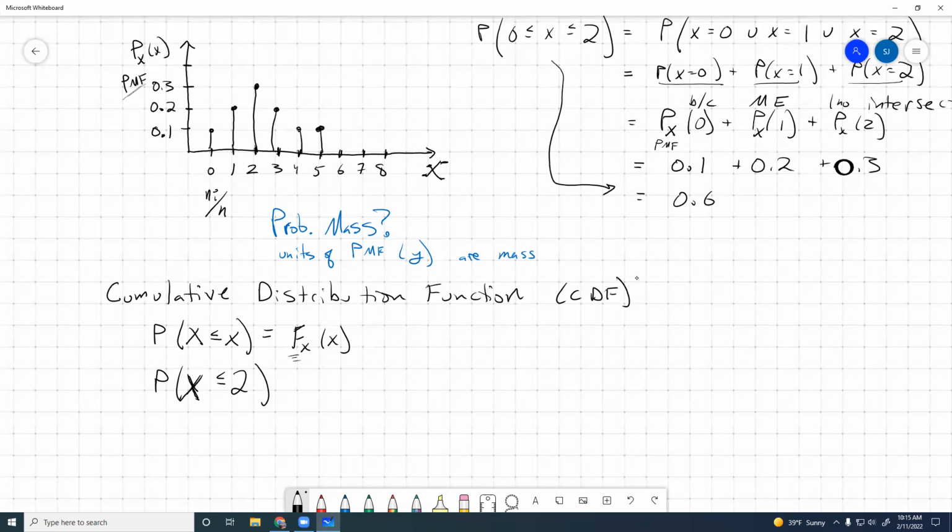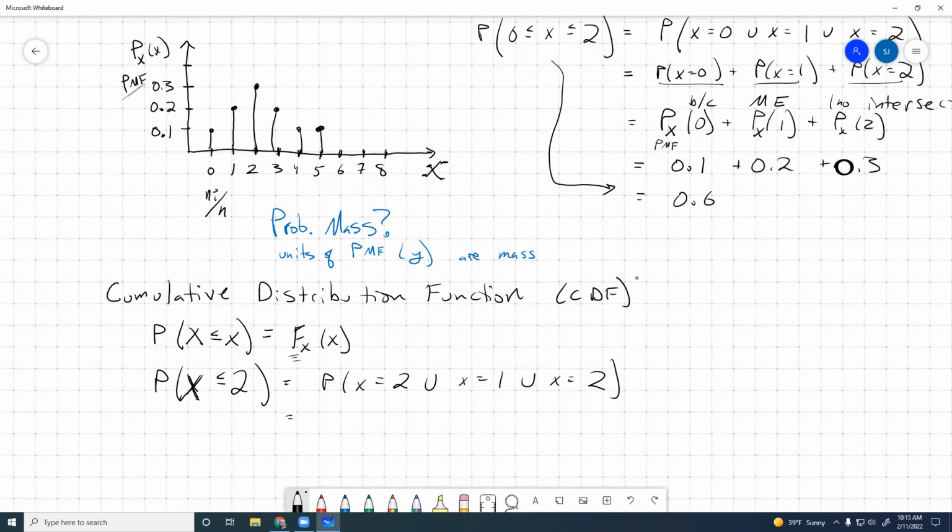And then we can write this as the probability that X is equal to 0, or X is equal to 1, or X is equal to 2. So it's just the same thing that we did before. And we know that if we want to find this, then we just add these up. But that's the same thing you would do with a cumulative distribution function. So this gives you that directly. This is the function that gives you the sum of the probabilities up to a particular value.